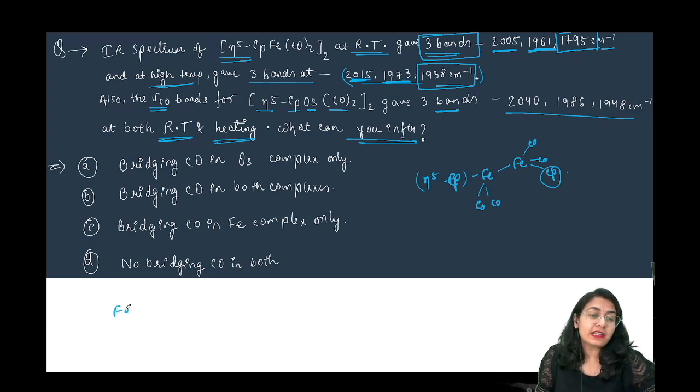So why is this changing? Because when iron is involved, iron is a small 3D transition element, so we can expect that maybe there is a carbonyl which is bridging. Totally there will be 4 carbonyls, so maybe 2 carbonyls are bridging like this.